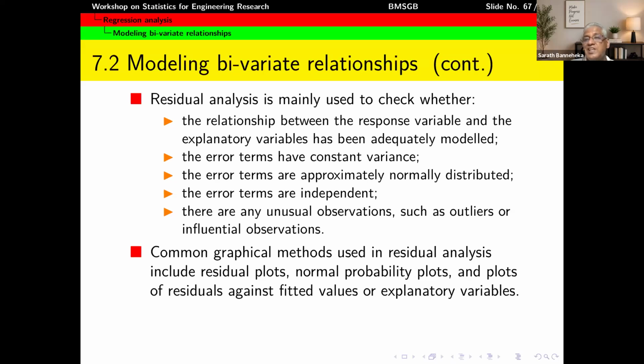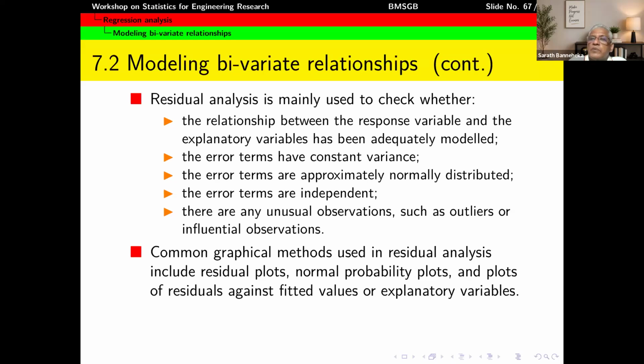And by using the residual analysis, we can also check whether there are unusual observations such as outliers or influential observations. If there are such observations, then we should go back and check about those observations, whether they are recording errors or some other kind of mistakes. If they are that kind of observations, and if we can correct them, we should correct them.